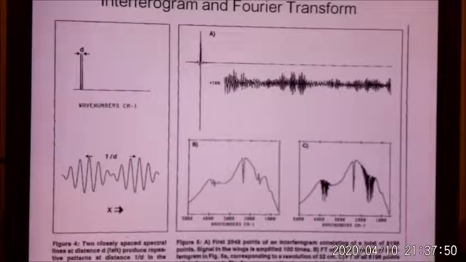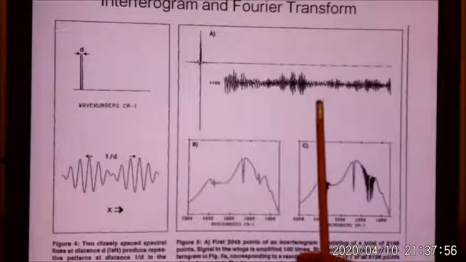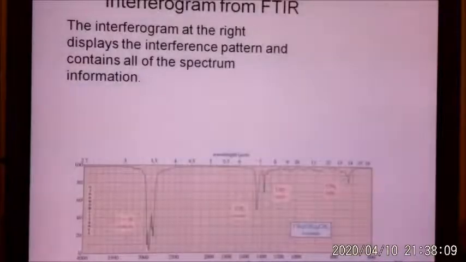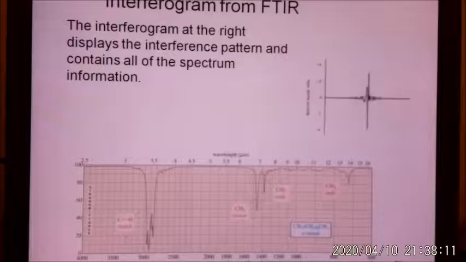So basically, when you do the Fourier transform, what you're interested in finding is what are all the frequencies associated with producing a beat, this type of interferogram. And so when you do that, that's how you get all your absorbances. Now, this is what happens.